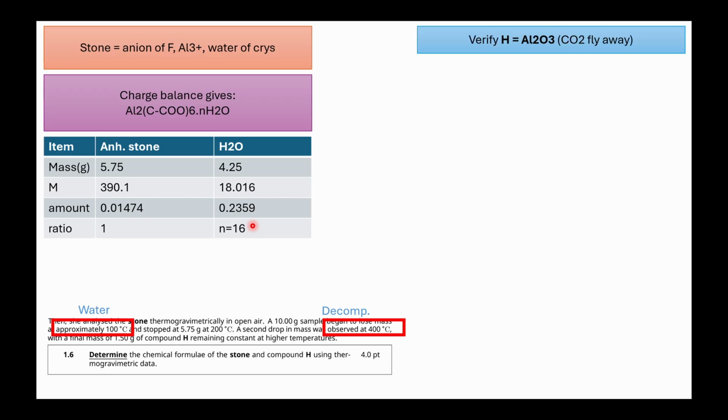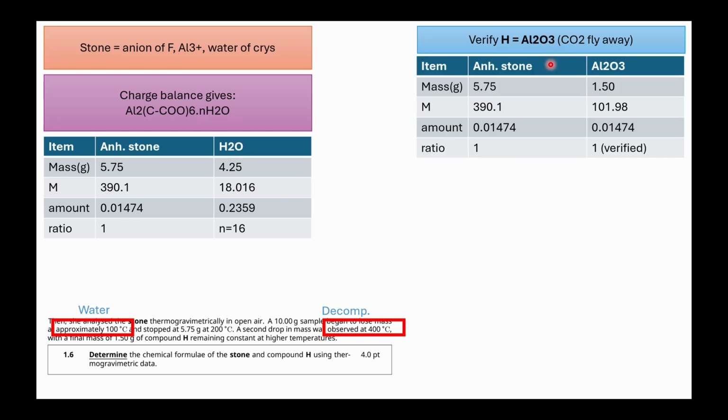So, knowing that the stone has this formula, we're going to verify whether H is the aluminium oxide, because from this formula, we can easily see that after water flies away, the most logical thing is for the CO2 to fly away. So it gets decarboxylated in a sense. So H is probably the oxide because it's 400 degrees. That's insanely high, and so the only thing that's going to be stable there is probably the oxide.